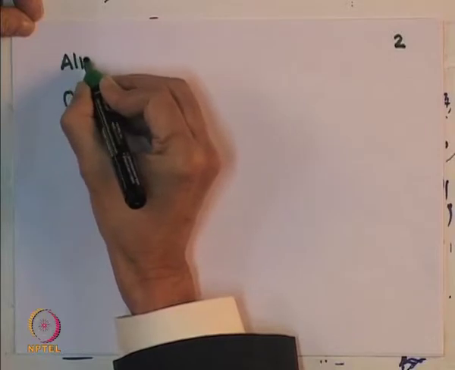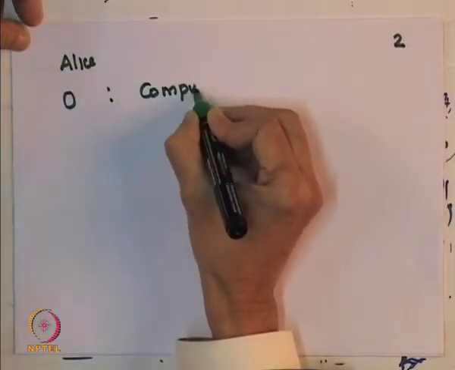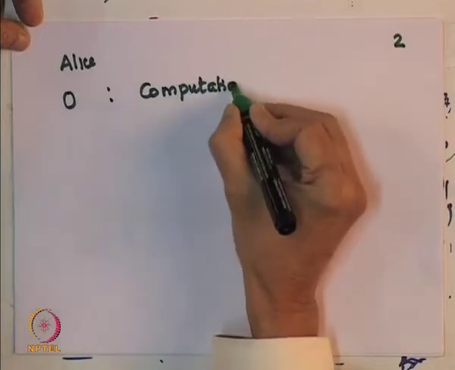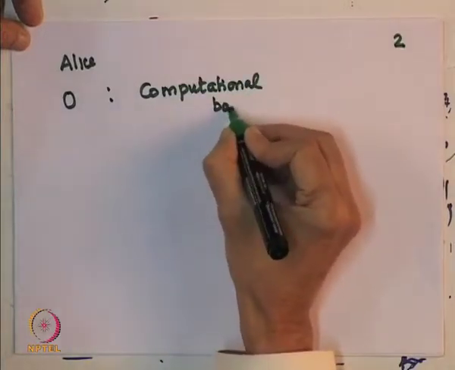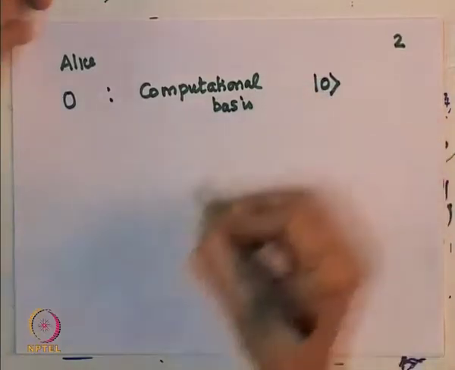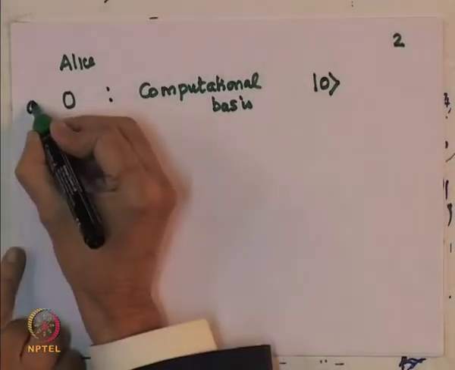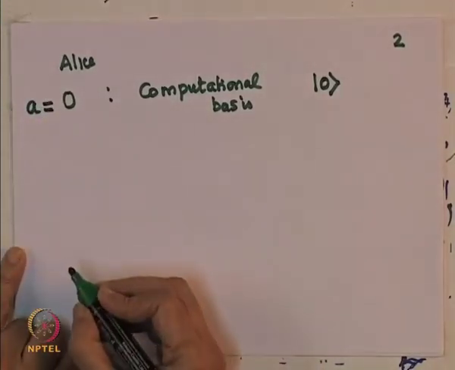What she does is, supposing she wants to encode bit 0, she will use the computational basis and encode this bit 0 as the state 0 itself. So this is, I will call it A equal to 0, Alice's bit.